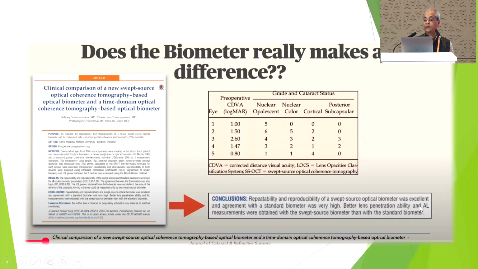Better lens penetration ability and axial length measurements were obtained with the swept source biometer. Now the cost factor is very important. Swept source is very costly, so everybody cannot afford it, and we are still using the IOL Master and Lenstar, and they are giving very good results.